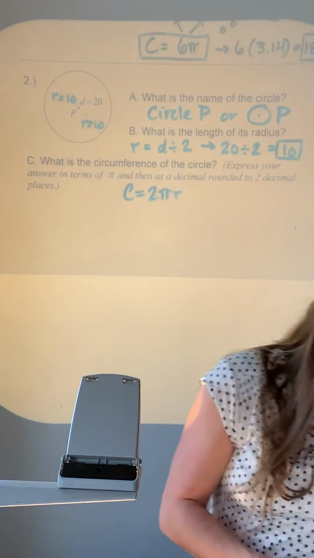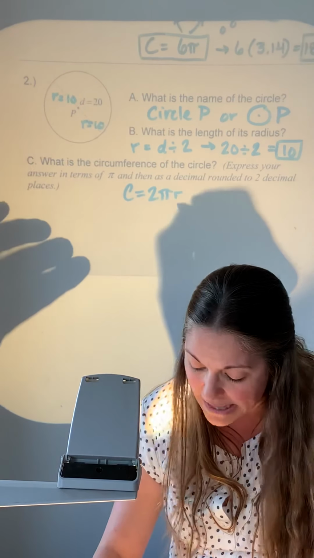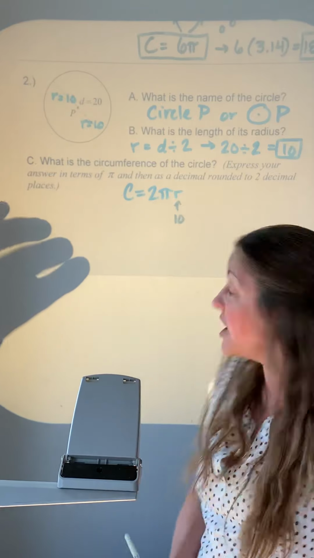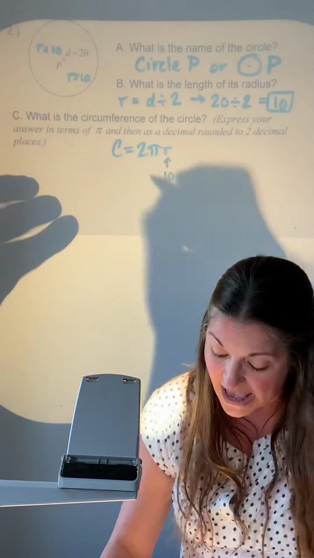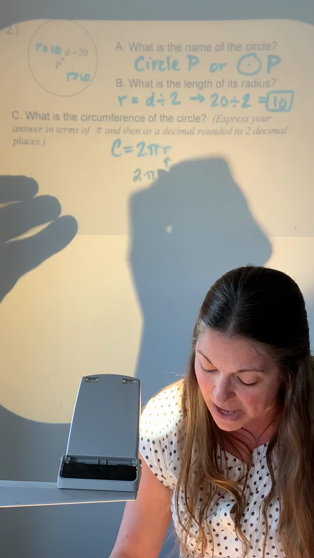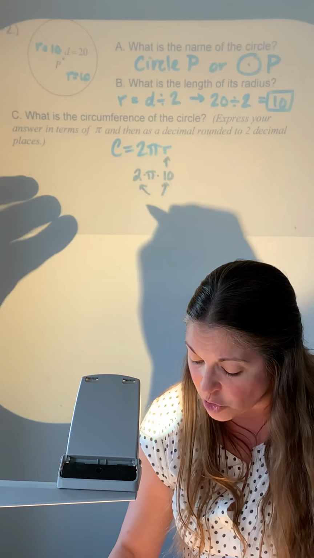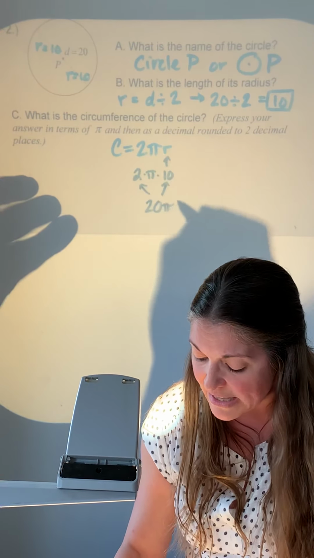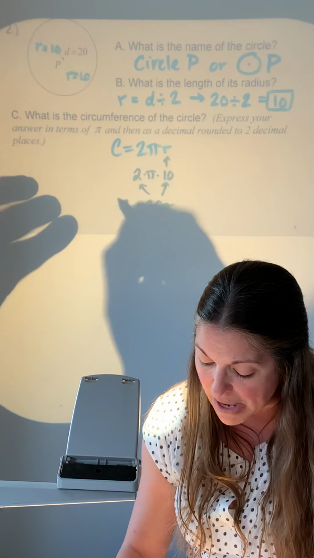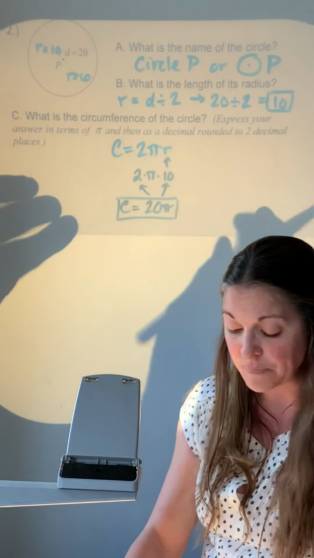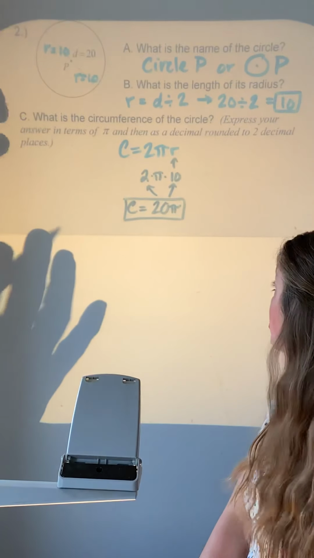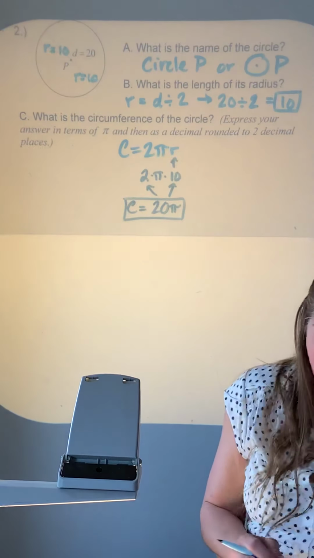So we're going to plug that 10 in for the r, and then we'll have 2 times pi times 10. We'll multiply the 2 and the 10 to get 20, and then we'll just leave that pi alongside. So the circumference of this circle is 20 pi.